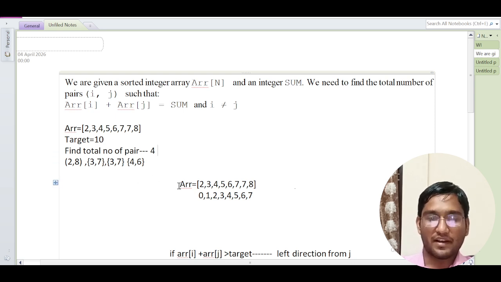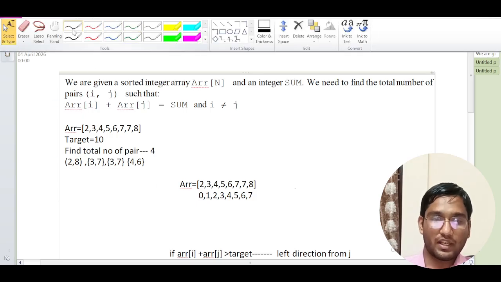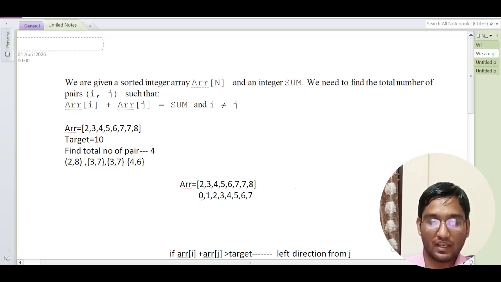In order to understand this question, we need to think about how we can use a two pointers approach in this array. For example, if the array given to me is 2 3 4 5 6 7 7 and 8, the indexing here is 0 1 2 3 4 5 6 and 7. Now I need to think about the two pointers. First of all, I have to start from this element and this element.